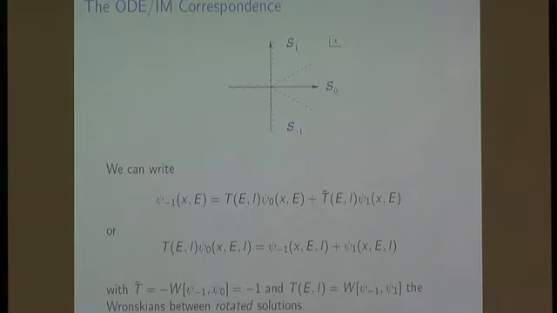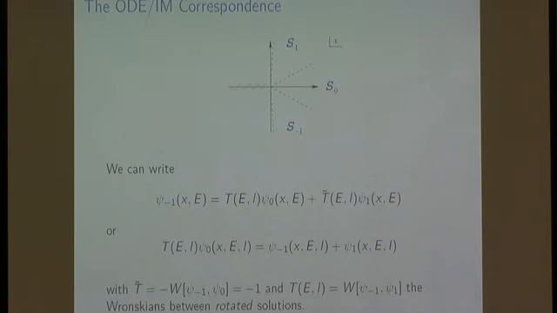We can transform this relation into this one here, just by taking Wronskians between solutions on both sides of this equation. So T tilde is the Wronskian between this solution and this solution, and then T is the Wronskian between psi -1 and psi 1.